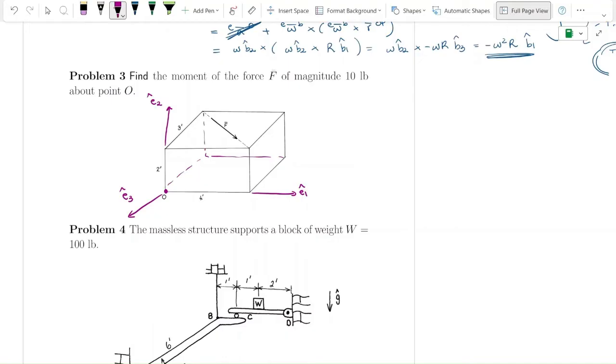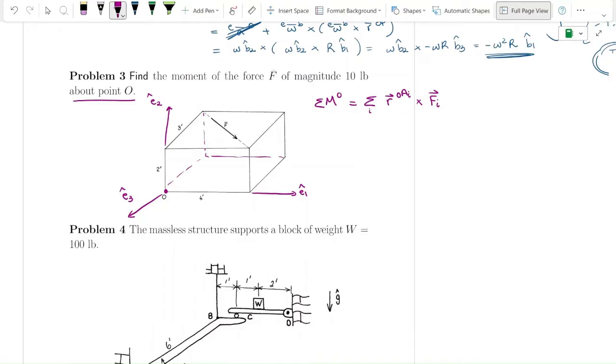Okay. So how do we find the moment? Well, we know that the moment about a certain point, so in this case, they want it about point O, is equal to the sum of the lever arm, so the position vector from the point O to some point, let's say A_i, so these are different particles in the system, crossed with the force acting at that location.